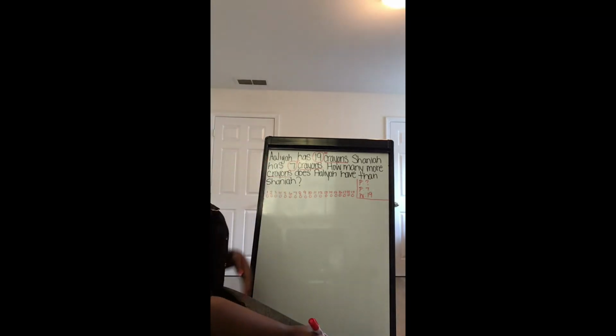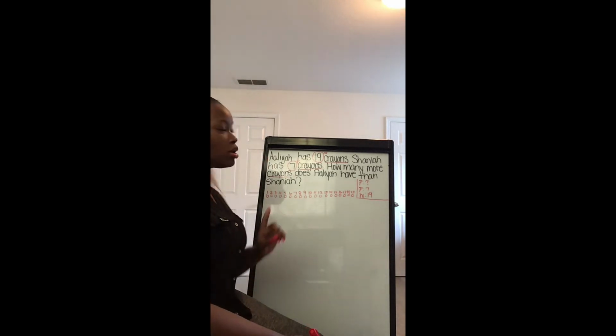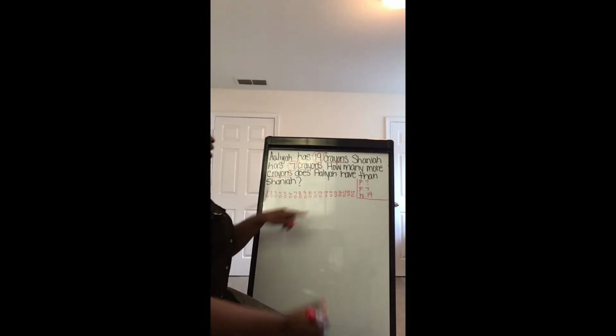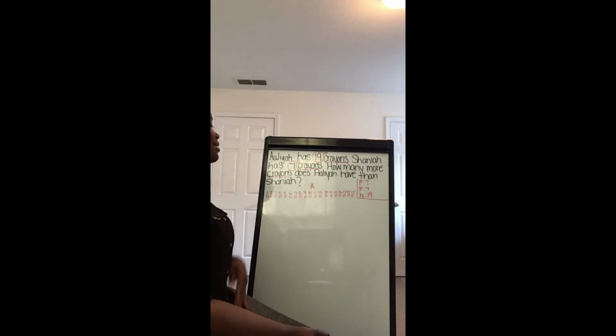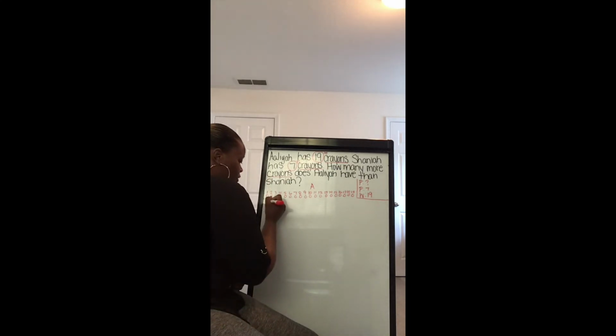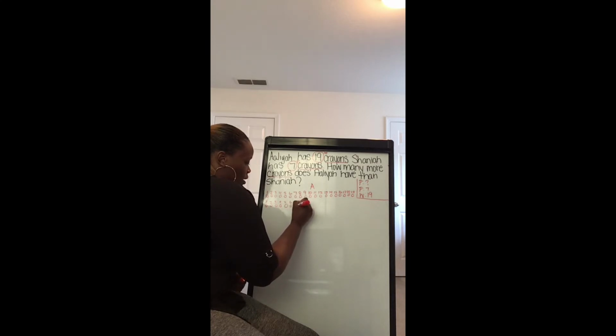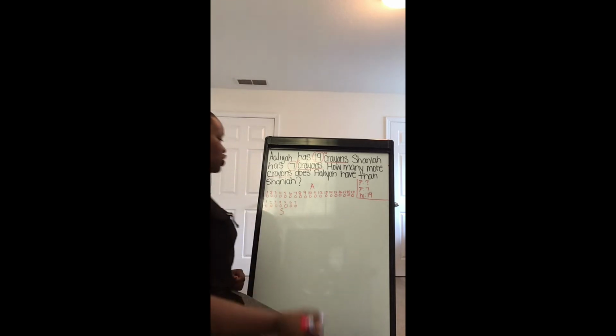I have represented my first number. I need to label. Aaliyah had 19, so I'm going to put an A on top for her 19. Now, Shania has 7. I'm going to represent 7. 1, 2, 3, 4, 5, 6, 7. Now this is what Shania has, so I'm going to put an S for Shania.